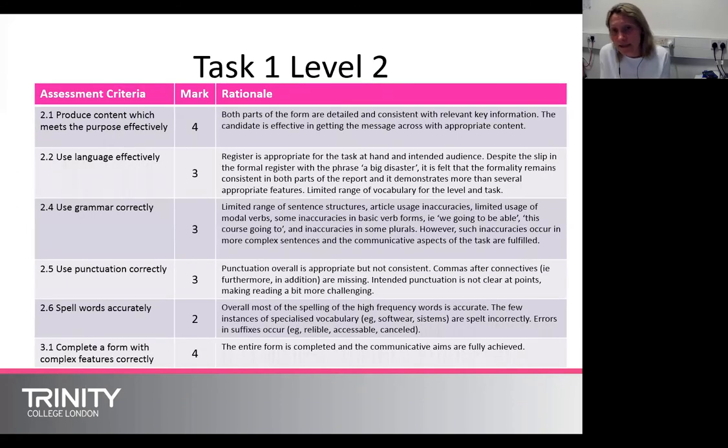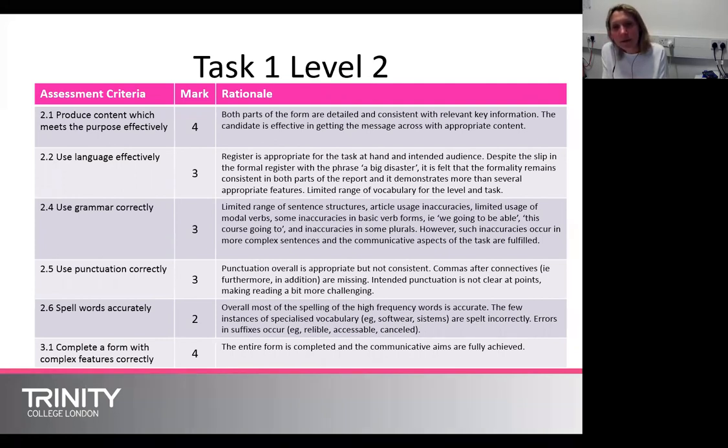At the same task level or form task at level 2, the candidate at level 2, there is a form, a feedback form, and expenses for the course.